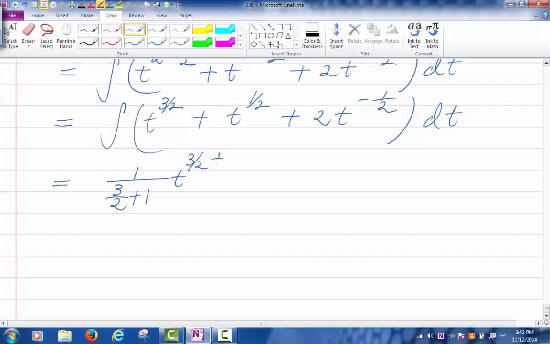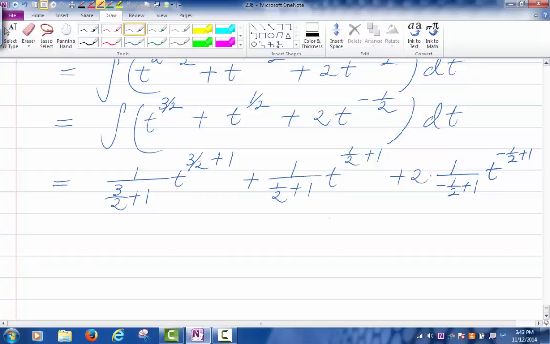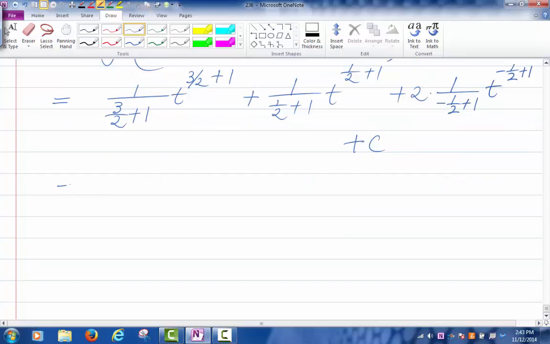So you're right, what you said. Plus 1 over half plus 1 t to the half plus 1, plus 2 times 1 over negative half plus 1 t to the negative half plus 1, plus the c at the end. And then what do I have?